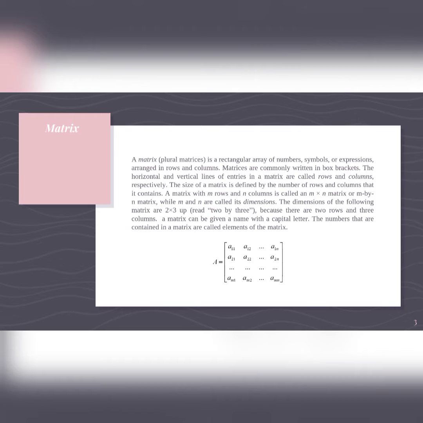The dimension of the following matrix is 2 by 3 because there are 2 rows and 3 columns. A matrix can be given a name with a capital letter. The numbers that are contained in matrix are called elements of matrix.